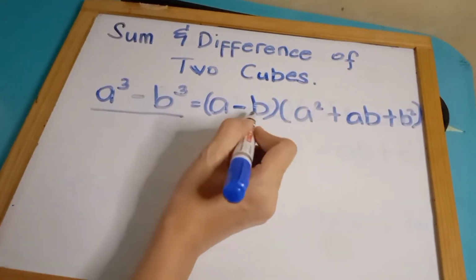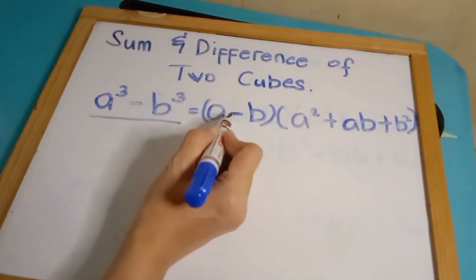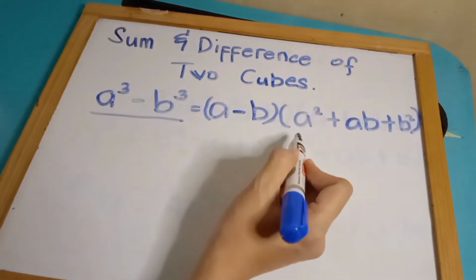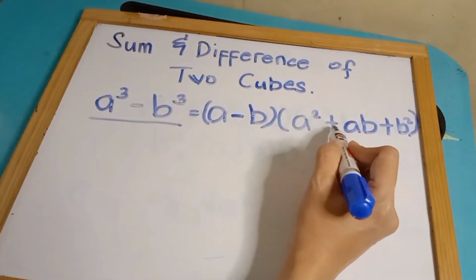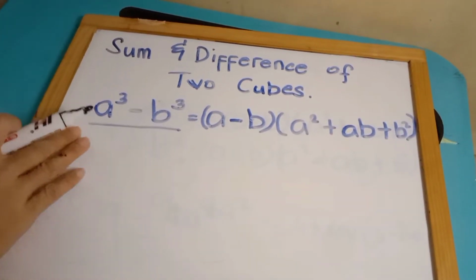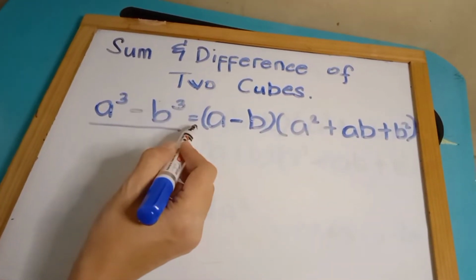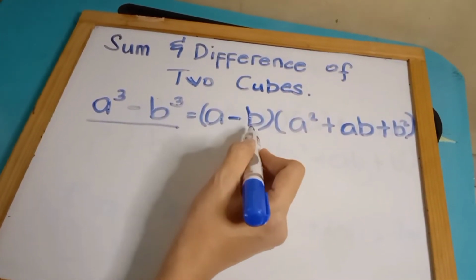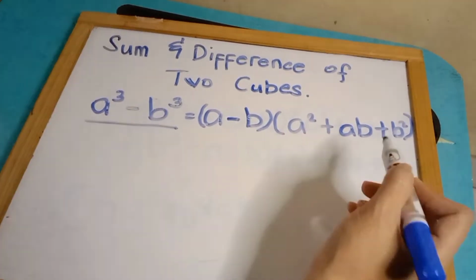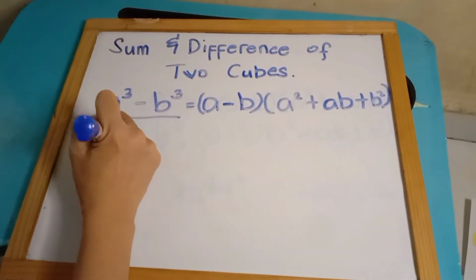In our first factor, since we are looking for the difference, it has a minus sign. And then, in the next factor, if you will notice, all of the signs are positive. So, the factor of a cube minus b cube is equal to a minus b times a squared plus ab plus b squared.